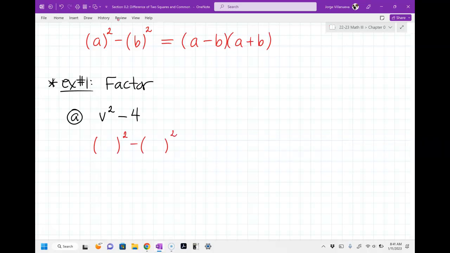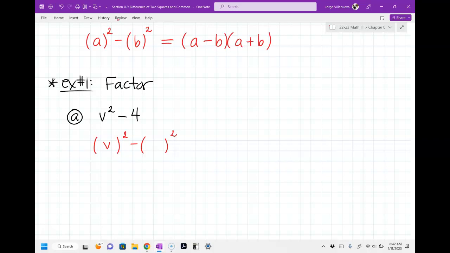So what squared is v squared? What do I put in that first parenthesis? What squared becomes v squared? Well, there's a 1 there, but we don't actually have to write it, though. It's just a letter, right? Just v. So it's just v. V squared is v squared.